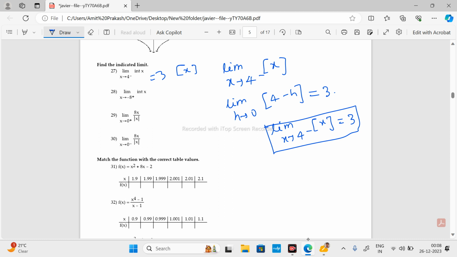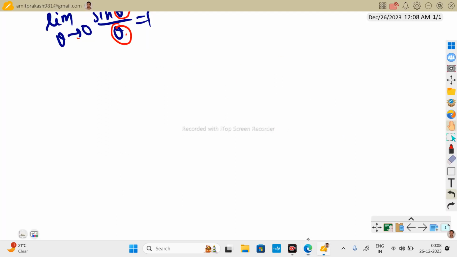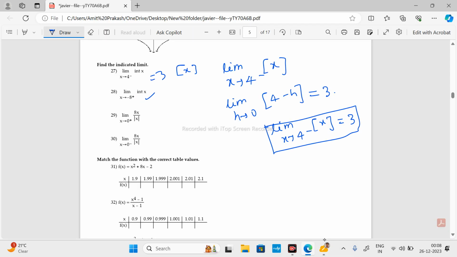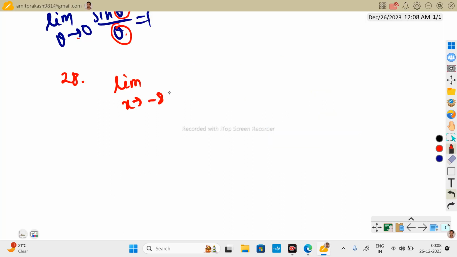Again, we are going to solve this problem, exercise 28, the 20th problem. Limit x tends to -8 plus, and this is the integer of x.